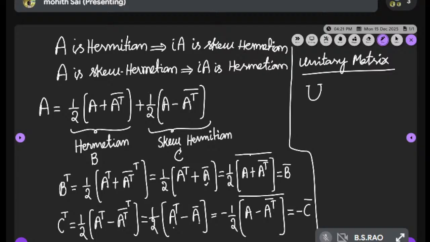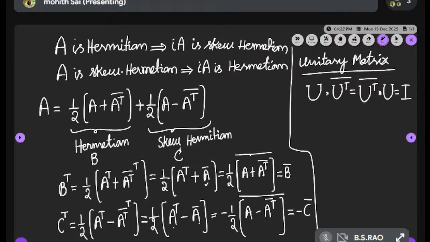A square matrix capital U is said to be unitary if U into U transpose conjugate equals U transpose conjugate into U equals identity matrix I. I is the identity or unit matrix.